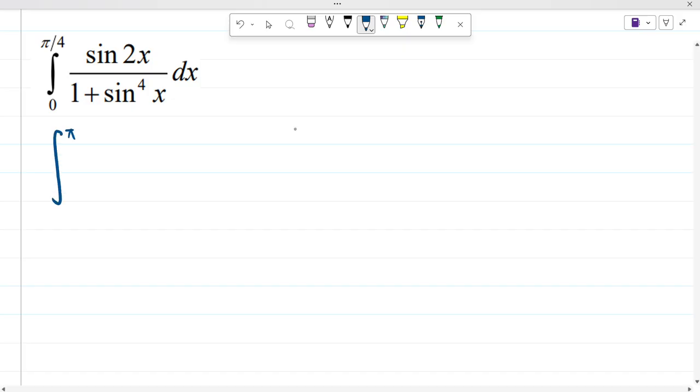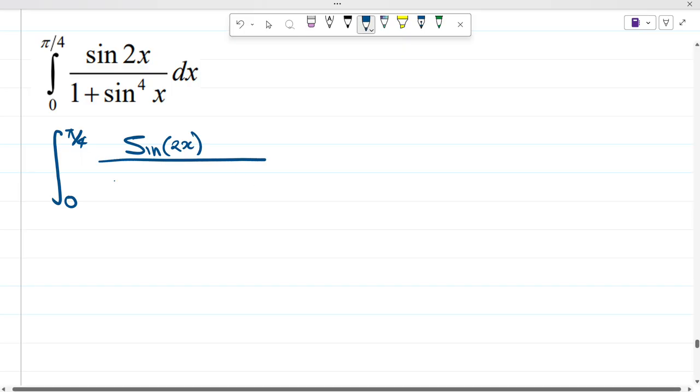Means that we are going to say pi over 4, 0. So we know that sine 2x is the same as 2 sine x cos x, right? So I don't have to rewrite that. Let me just leave sine of 2x like that. I hope you all can see what's happening already.